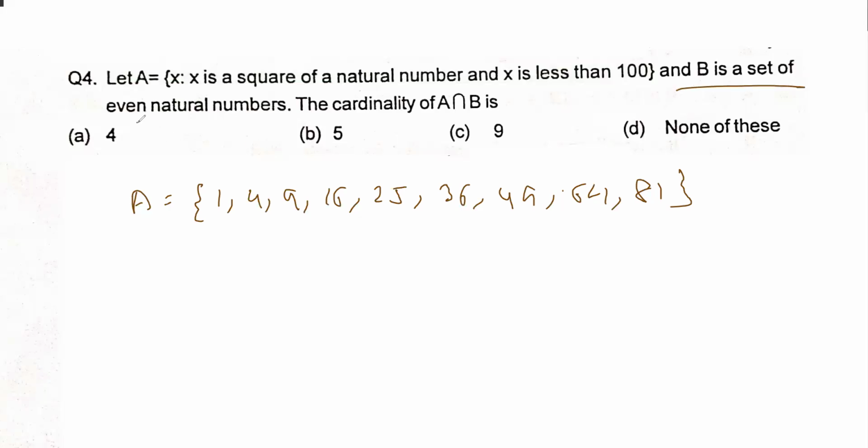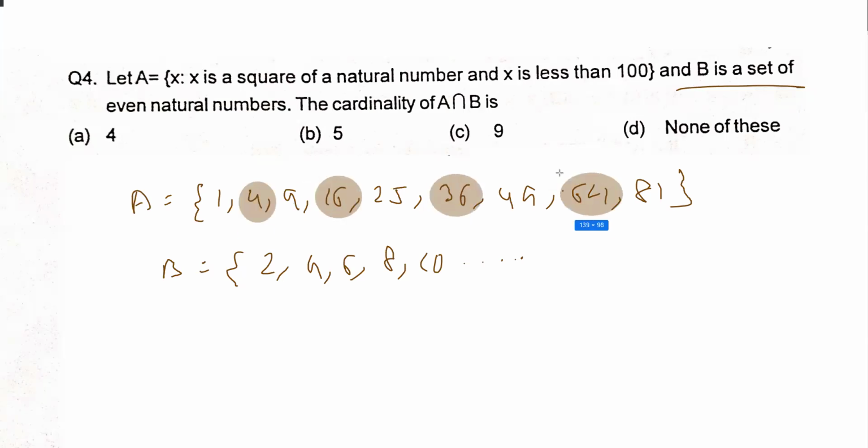And B is a set of even natural numbers. So set B is 2, 4, 6, 8, 10, and so on. But what you have to keep in mind is that we have to find the cardinality. Cardinality here means the number of common elements. Now, I'm not going to write all the even natural numbers. Instead, I'll be writing those which have something in common, like 4, 16, 36, 64.